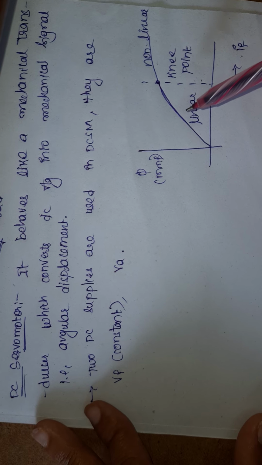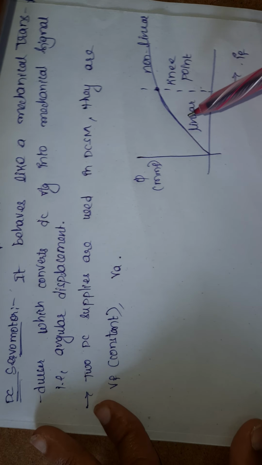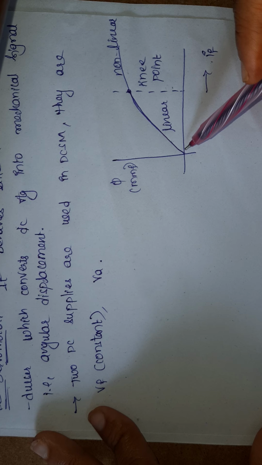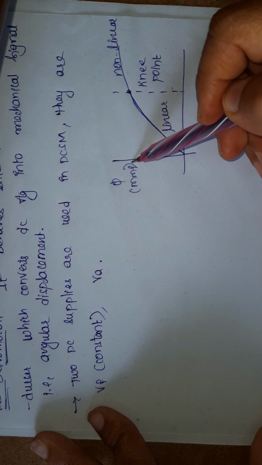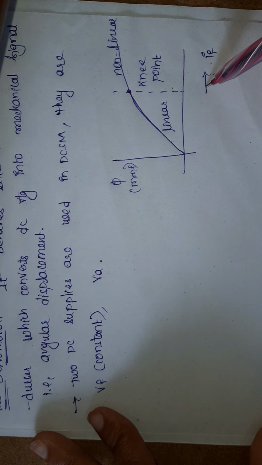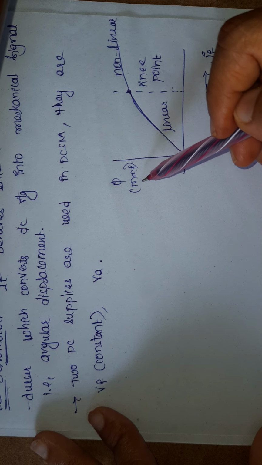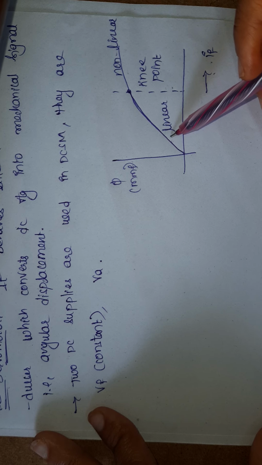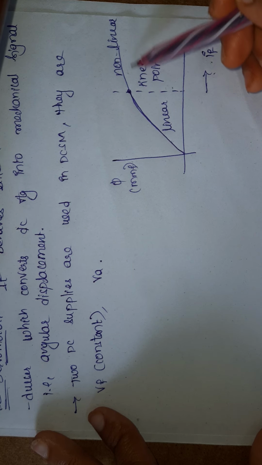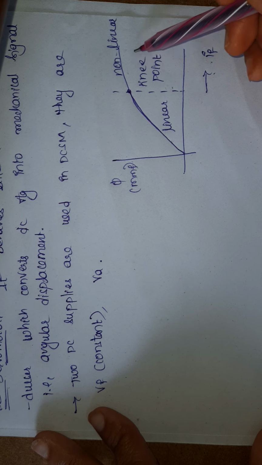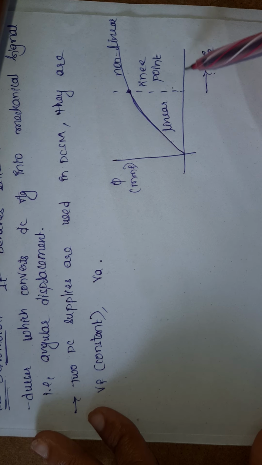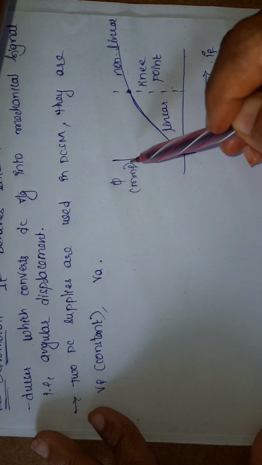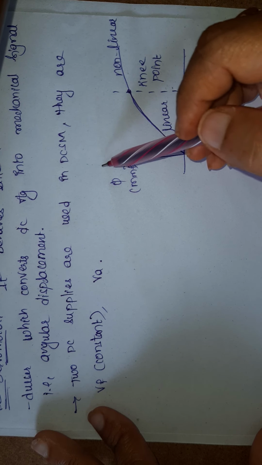Here linear means IF is directly proportional to phi. Whatever the changes in IF, the same changes in phi take place. So in the linear region, the armature controlled DC servo motor has high sensitivity. After that, the sensitivity is very less because of the non-linear characteristic. Very high changes in IF give very less changes in phi.